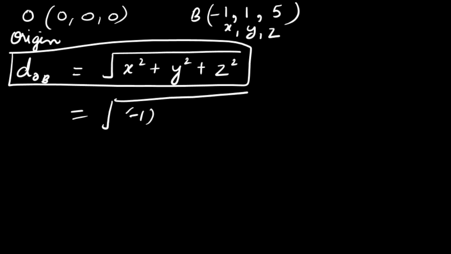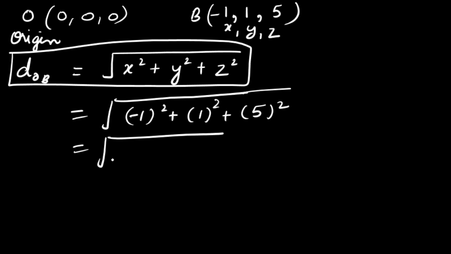So let's do now x square. So -1 square plus y is 1, so 1 square plus 5 square. So square root of -1 square is 1. So square of a negative is always positive. 1 plus 1 plus 5 square is 25. So this is equals to 1 plus 1, 2. 2 plus 25 is 27.